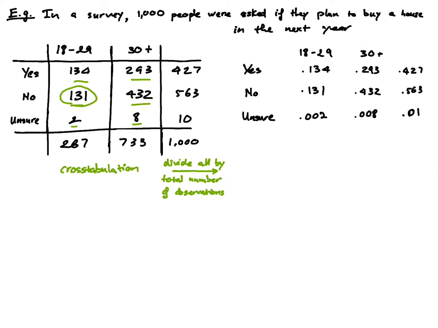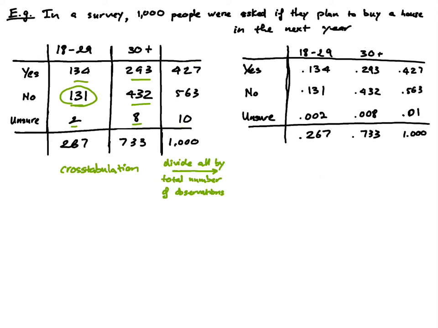Then you have 0.267, 0.733, and then 1. So this is our new table.